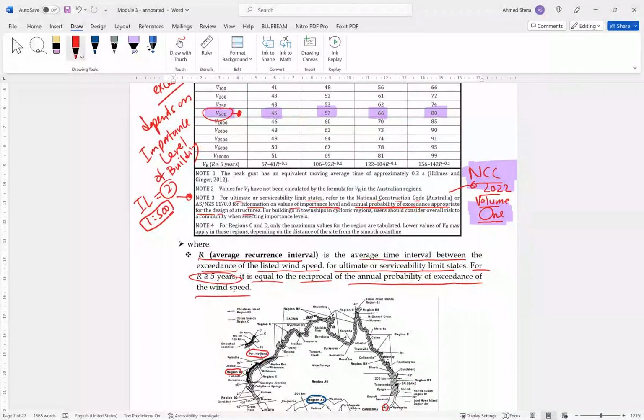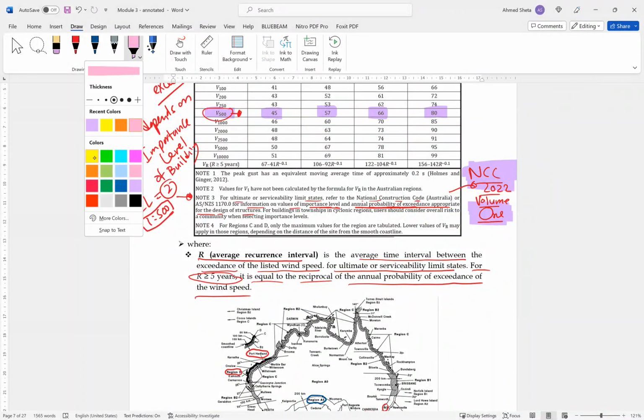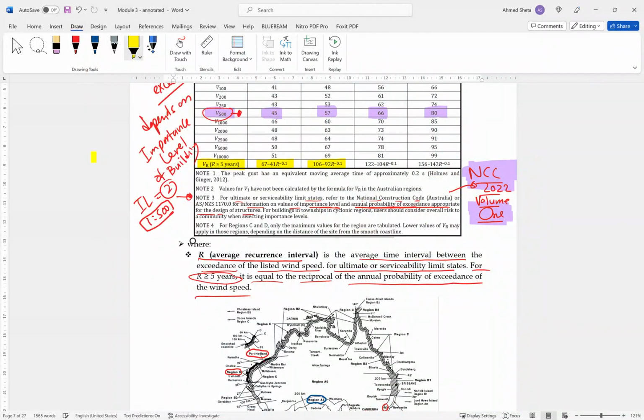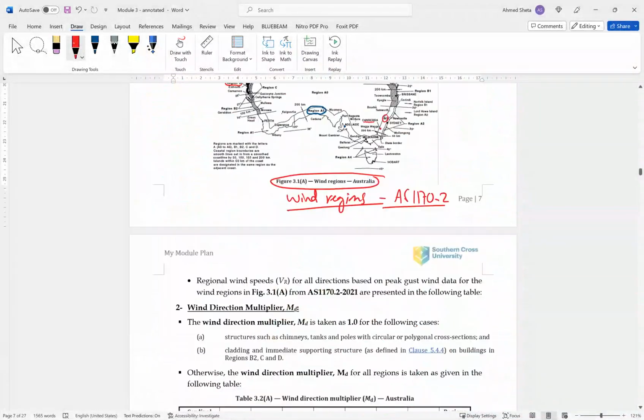If you have a look at the last row in the table, this is the formula where they get these values of wind speed. It is 67 minus 41 R to the power negative 0.1 and so on. So if you know the R you designed for, you can substitute it here and get the regional wind speed.